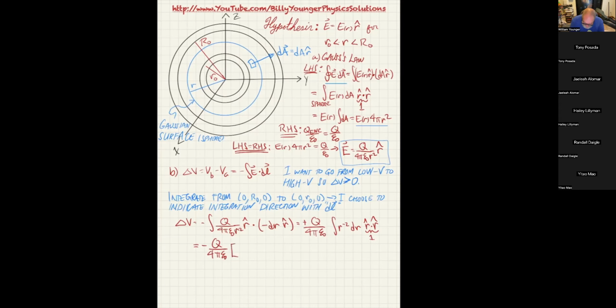And then, of course, I am going to evaluate it. As I said, I have to go in the positive coordinate direction, which would be from r0 to big R0. So now I'm going to do 1 over big R0 minus 1 over little r0. And you notice big R0 is bigger than little r0. So this quantity right now inside the brackets is negative.